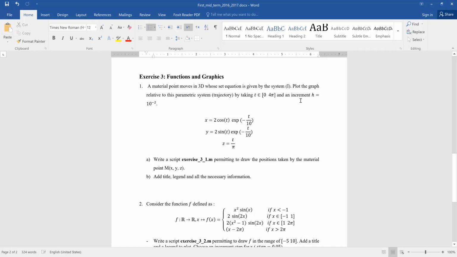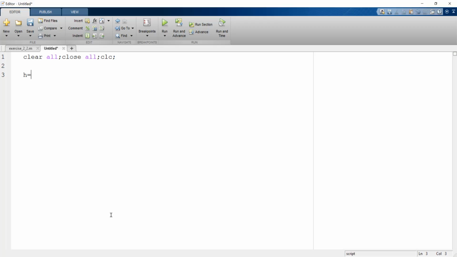Did you ask for a time step? From t equals 0 to 4 pi, h is 10 exponent minus 2. So I have h equal to 10 exponent minus 2, and the vector time equal to from 0, with a step h, to 4 pi.